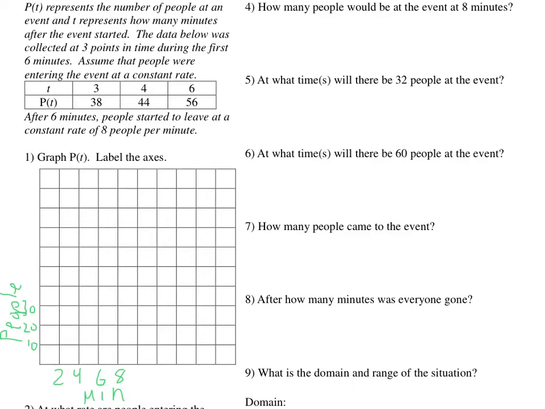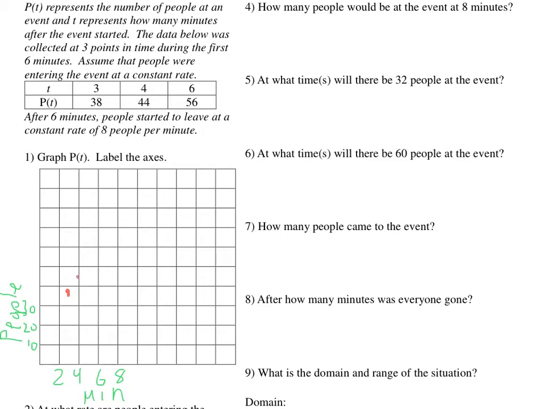Next, we want to look and plot the dots. So if we want to plot this one, 3 is 38. So at 3 here, we're going to go up 38, which is right about there. So let's put that 38 right about there. And then 4 is 44, so 4 would be up 44.